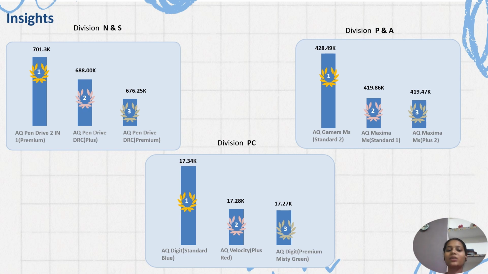So these are the top three products in each division: in N&S, P&A, and PC, with their particular values.